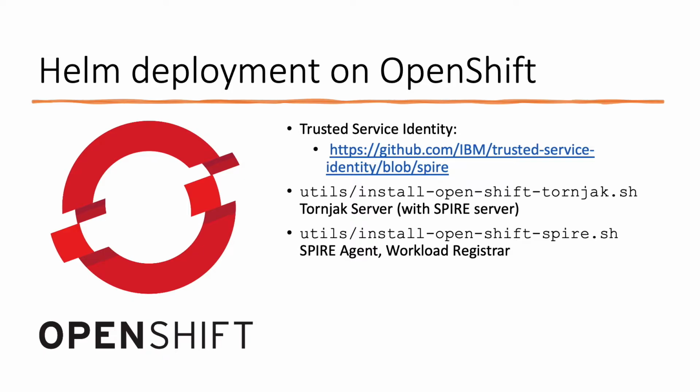First, we will deploy the Tornjak server that includes the front-end UI, back-end Tornjak, SPIRE server, and everything else needed to deploy it on OpenShift. Then we will deploy the agent side. This includes the SPIRE agent daemon set on every worker node, workload registrar, and all the required permissions.